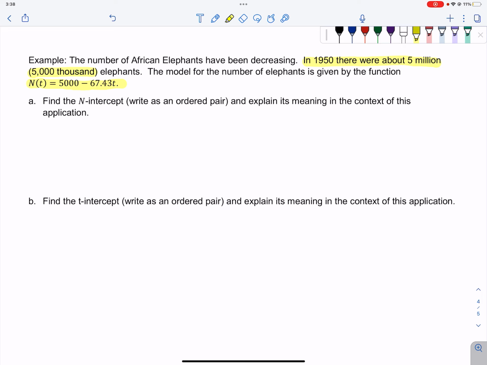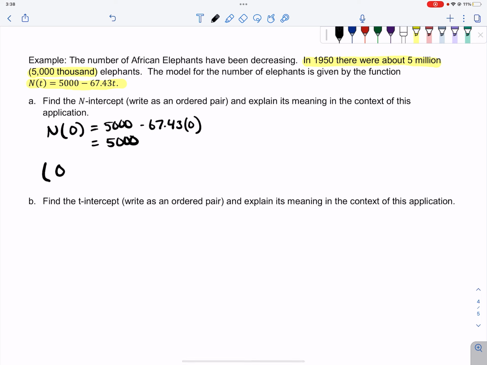Our first task is to find our n-intercept and explain what it means. The n-intercept means I want to replace t in my equation with 0. So we evaluate n(0), which gives us 5,000 - 67.43 times 0, which is just 5,000. So our ordered pair is (0, 5,000).